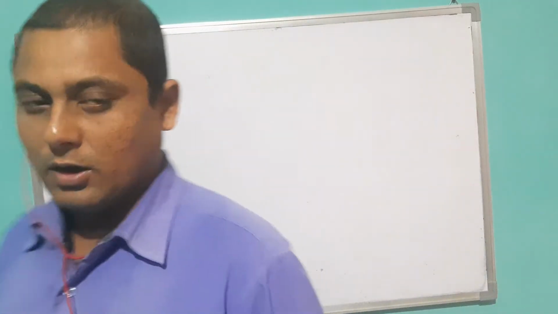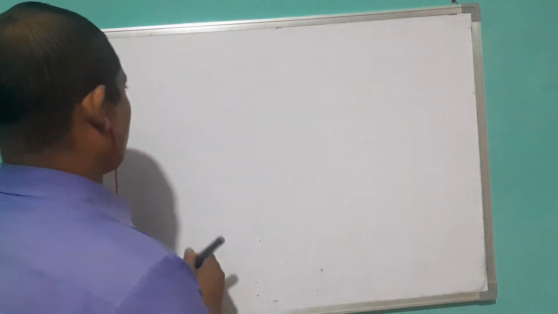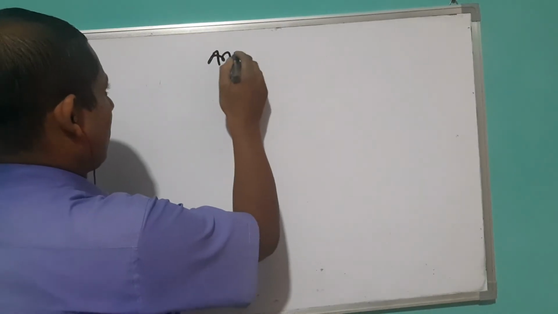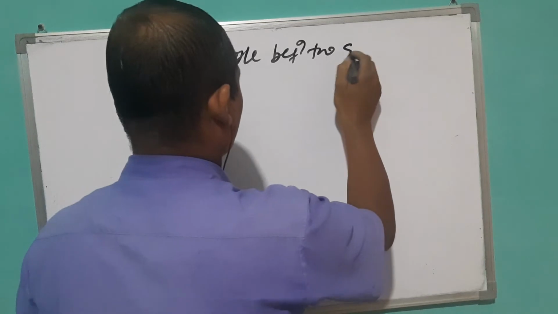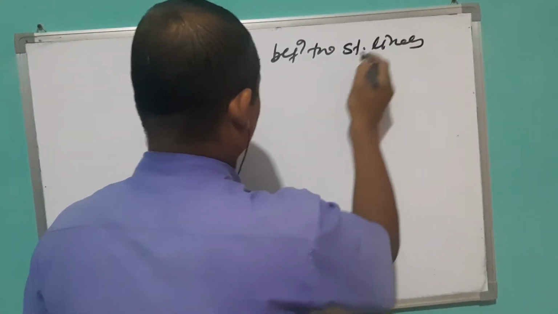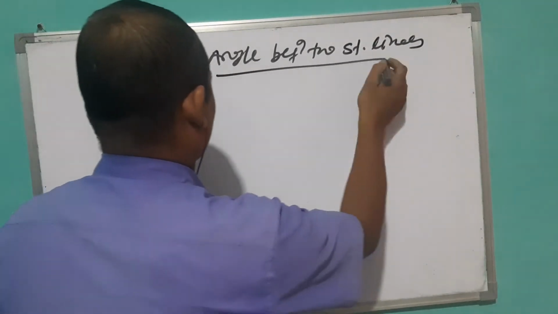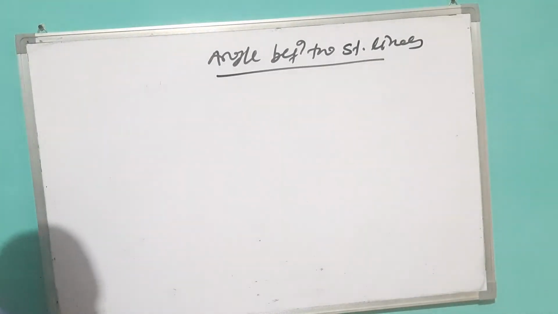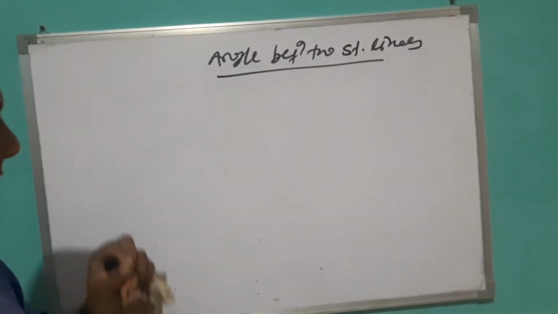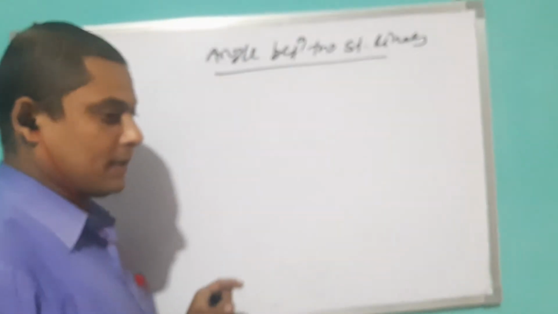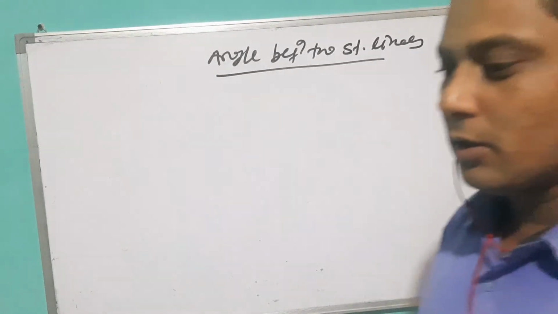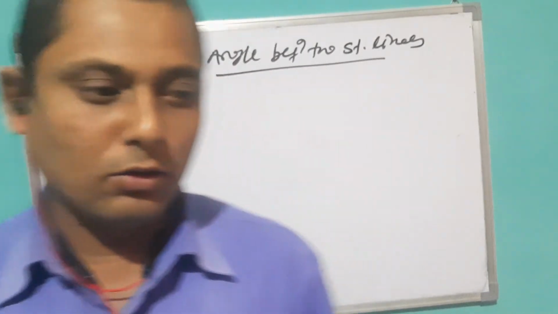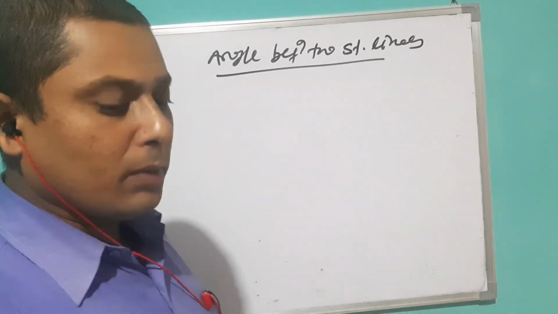Now our topic is the angle between two straight lines, right? Now, see next. If we draw any two lines on a plane surface, like our board, this is the whiteboard and this is a plane surface. If you draw any two straight lines, then there will be only three conditions.